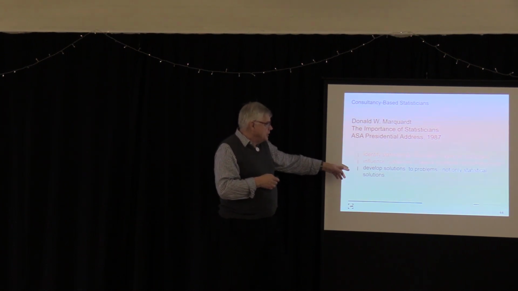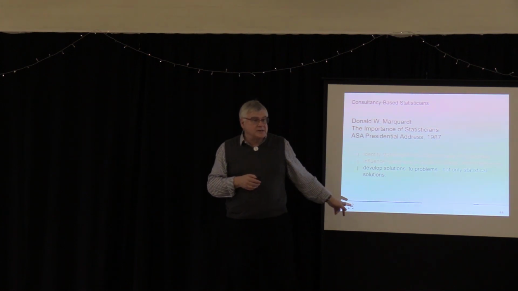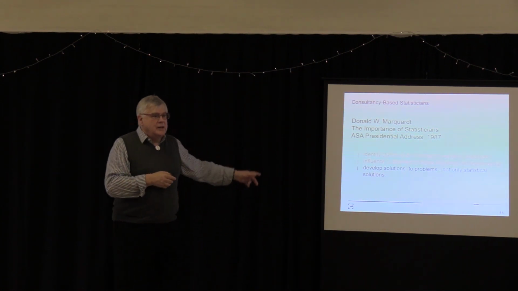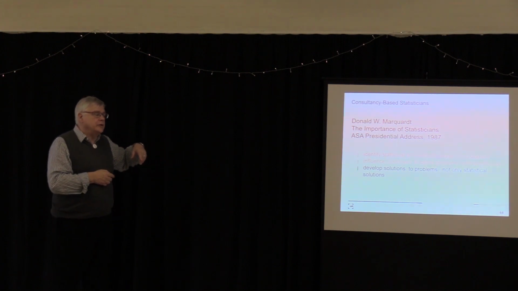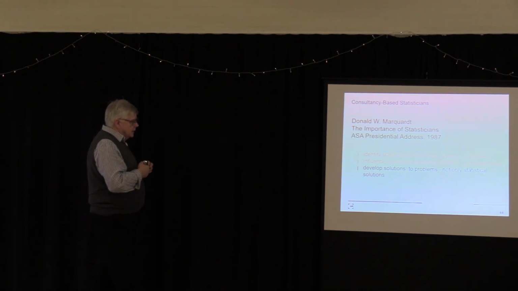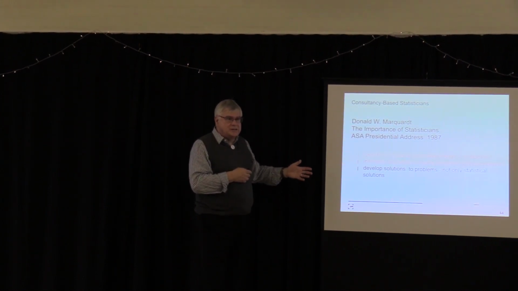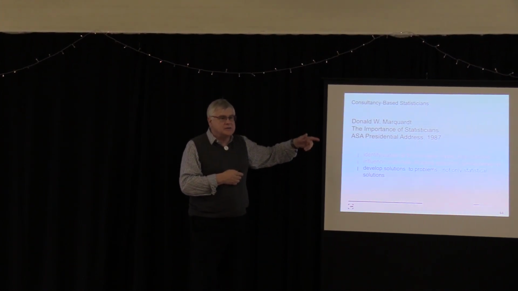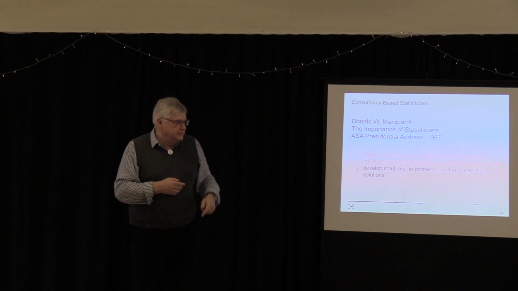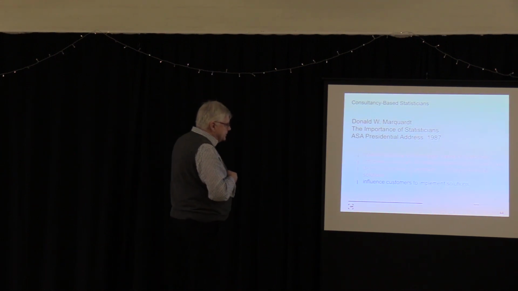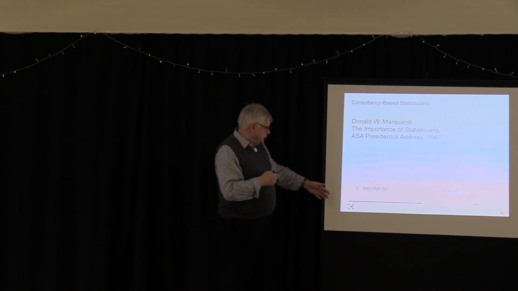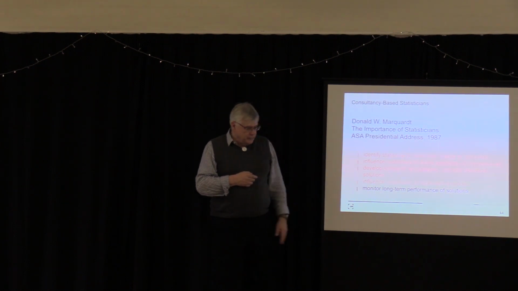Develop solutions to problems, not only statistical solutions. That case where I talked about with the quality control case, the problem wasn't a statistical one, it was an understanding of the manufacturing process. Influence customers to implement solutions, monitor the long-term performance of solutions.